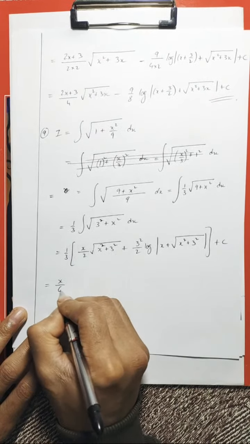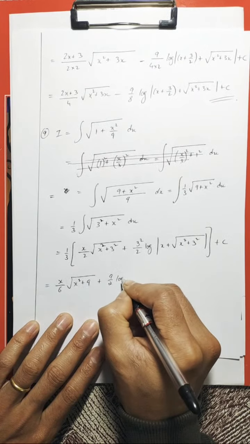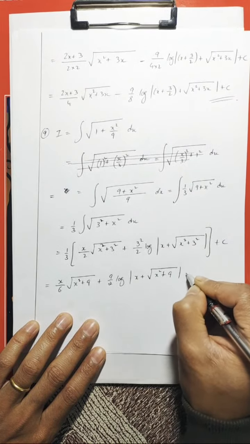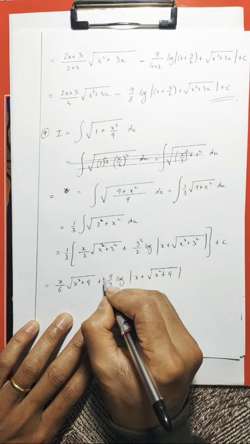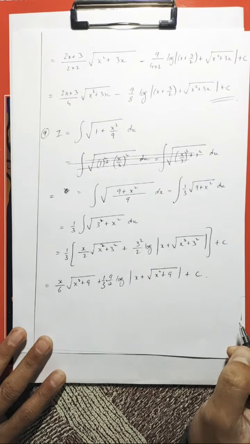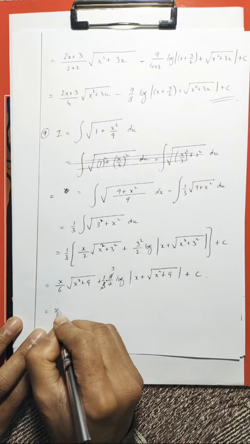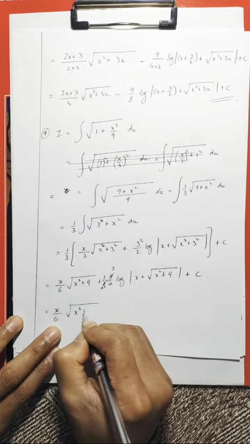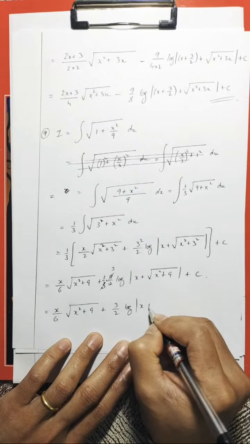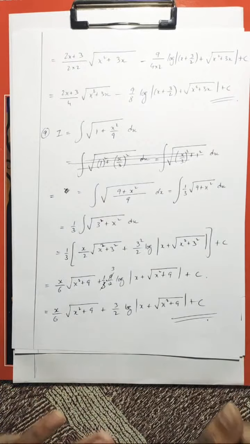Multiply x by 6 root over of x square plus 9 by 2 log of x plus root over of x square plus 9. Sorry, I have to multiply 1 by 3 also plus c. So 3 3s are 9, so rewriting it once again, x by 6 root over of x square plus 9 plus 3 by 2 log of x plus root over of x square plus 9 plus c.